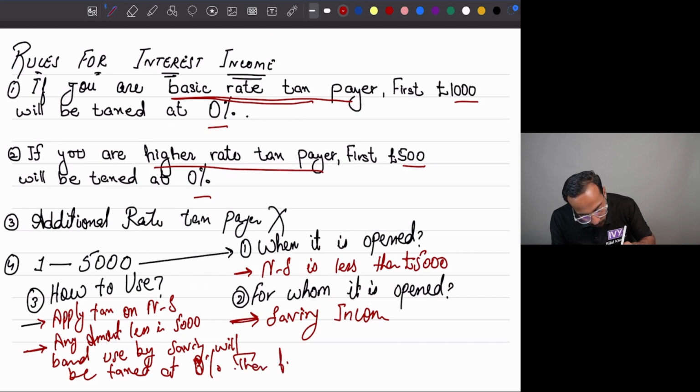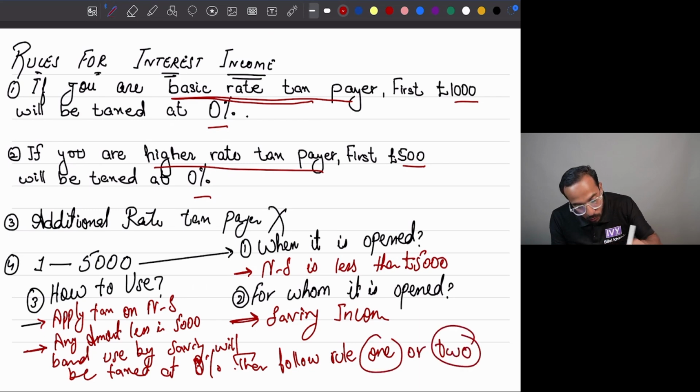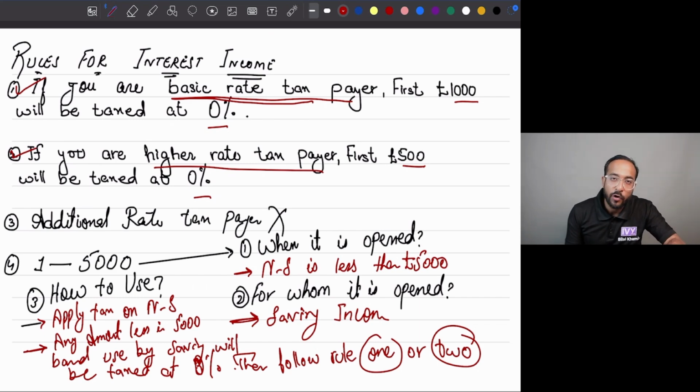Then follow rule 1 or 2, according to the situation. If you are a higher rate taxpayer, then the first 500 will be taxed at 0%. If you are a basic rate taxpayer, then 1,000 pounds of interest income will be taxed at 0%.